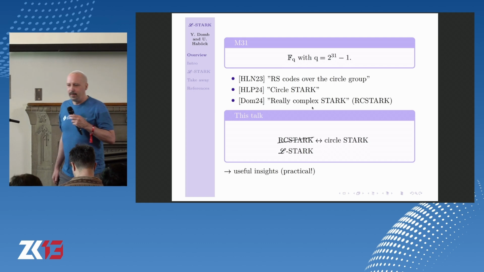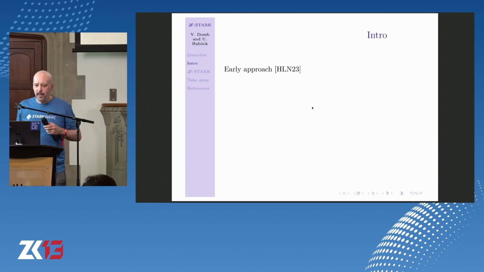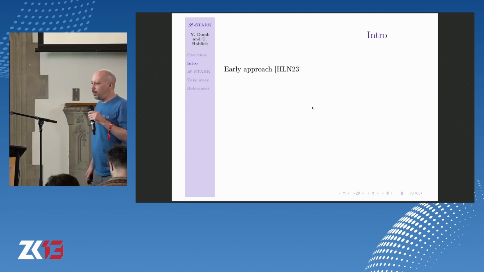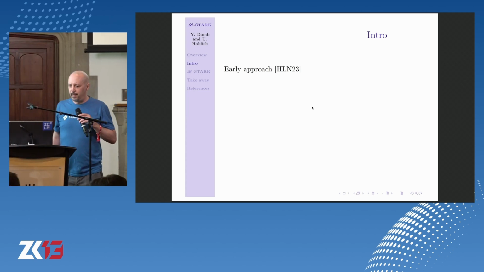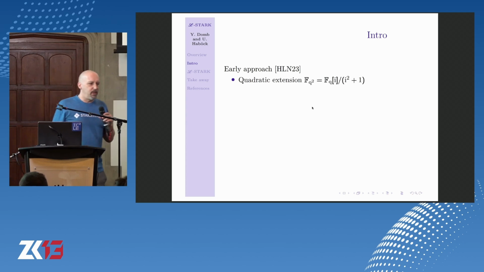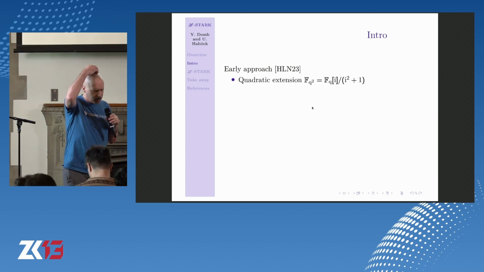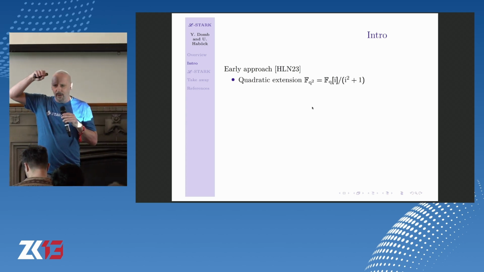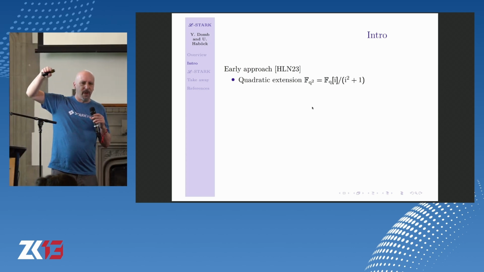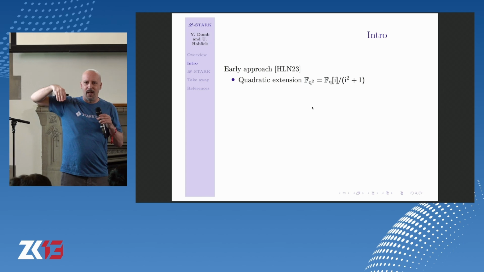Okay, so let's start with the early approach of Jackie, Daniel, and my paper, the Reed-Solomon code over the circle curve. What we observed, and I'm sure we were probably not the only ones, is that for M31, q minus 1 is worst-case two-adic.